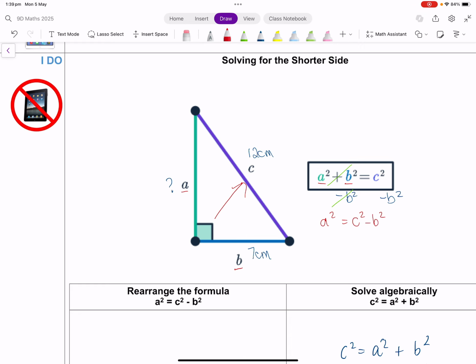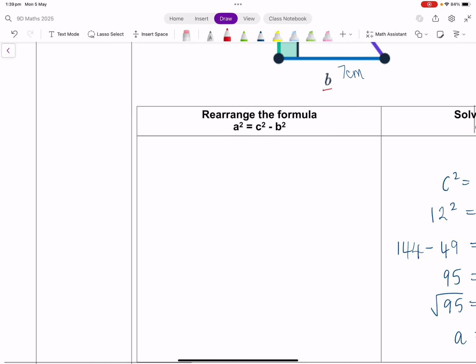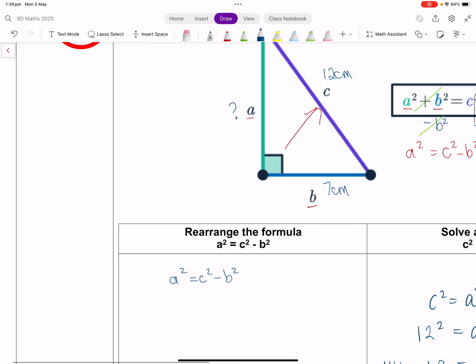Okay? Now, let's recopy this formula here. A squared equals c squared take b squared. Once we've got our rearranged formula, what we need to do is substitute in the information that we have. What do we know?